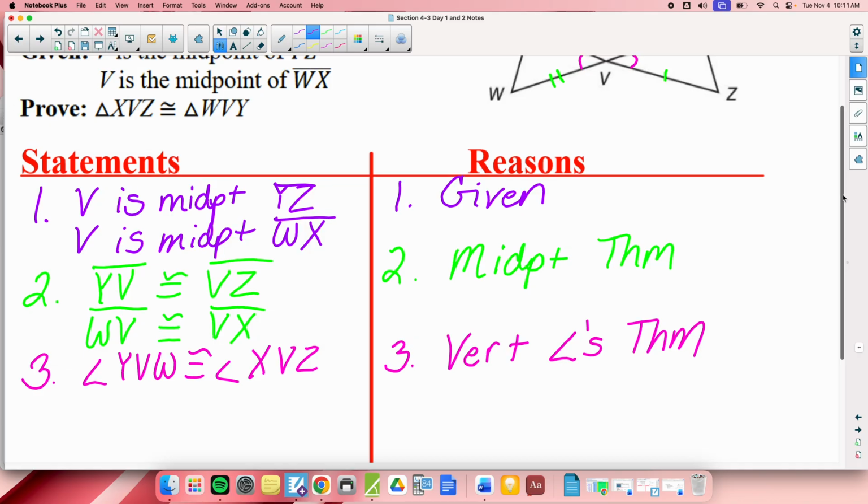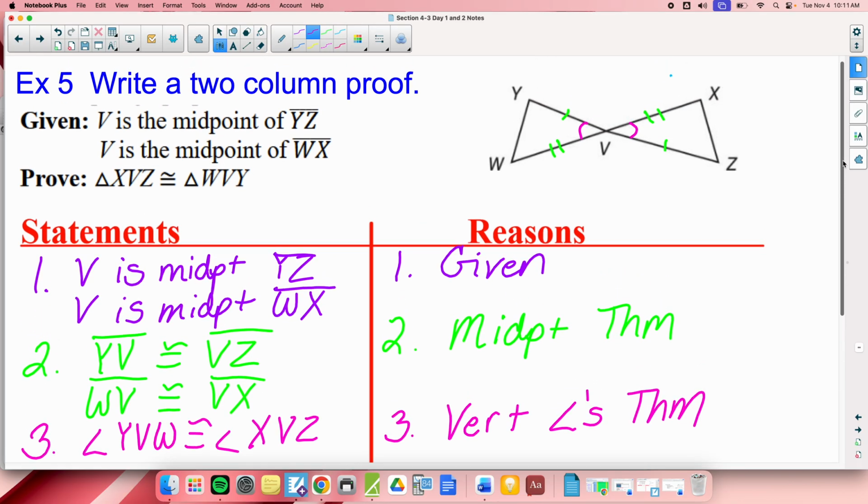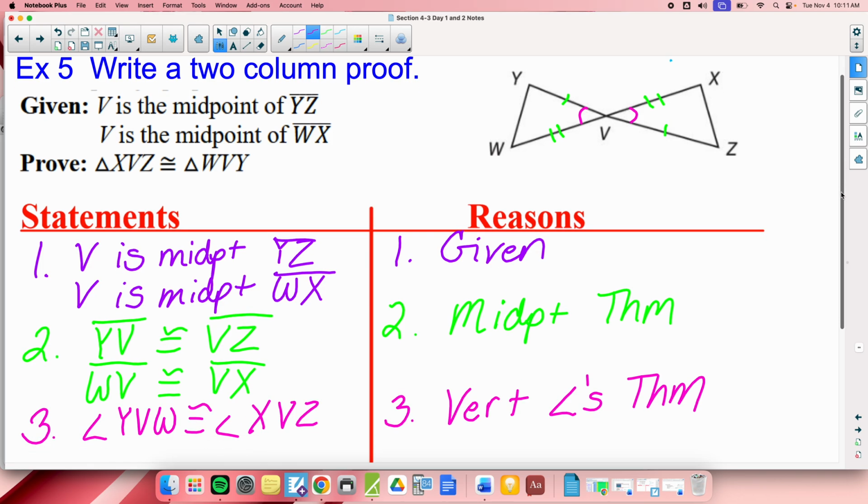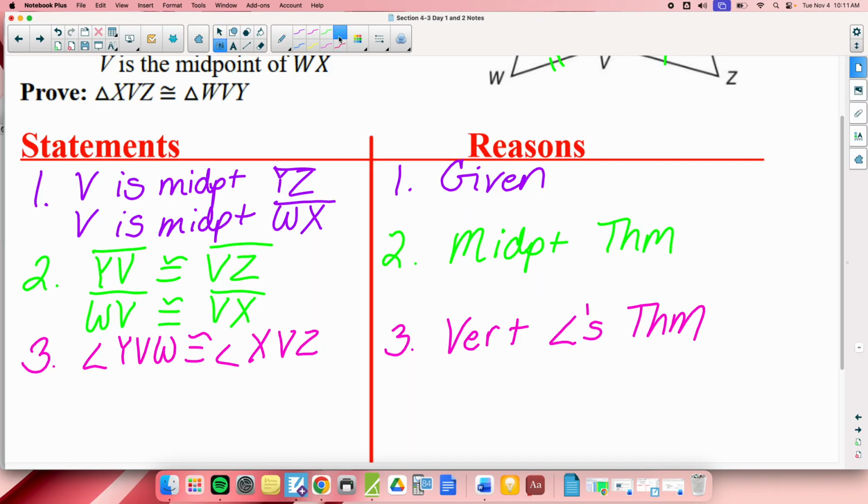Okay. Now, do we have enough to say these are congruent? Do you guys all get this is a side, that's an angle, that's a side? Everybody understand that? So it's side, angle, side, and I'm gonna bring this down for step 4.